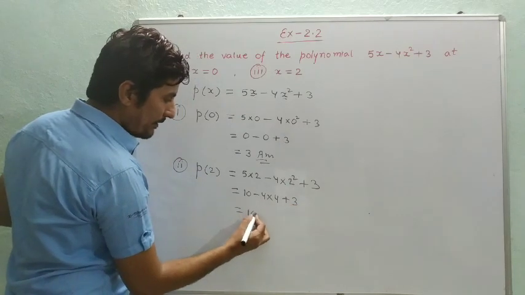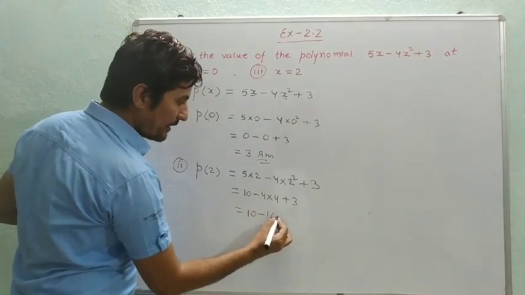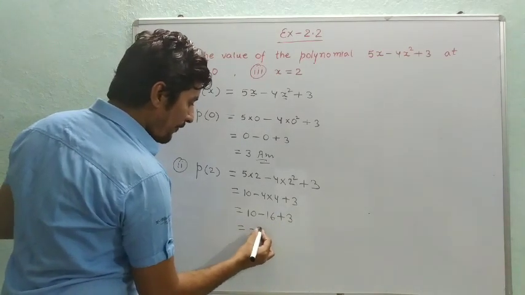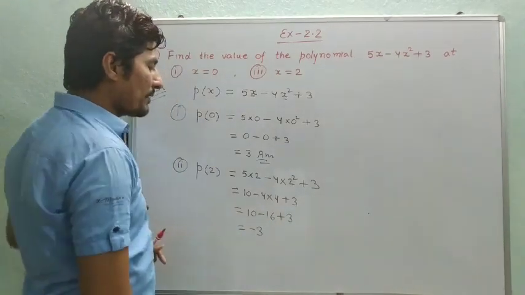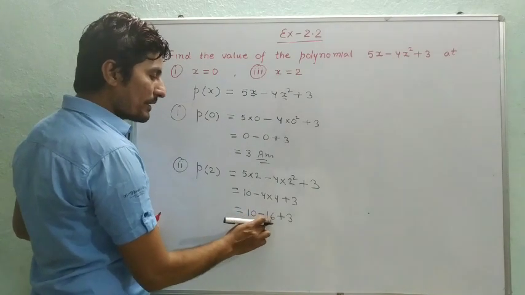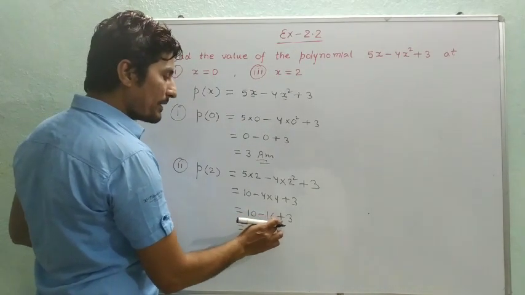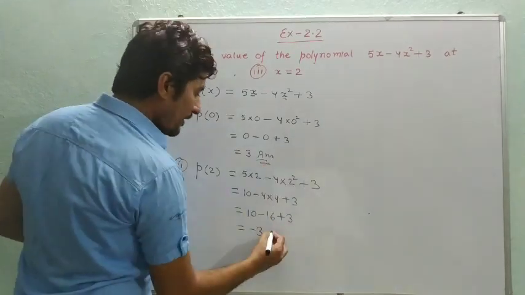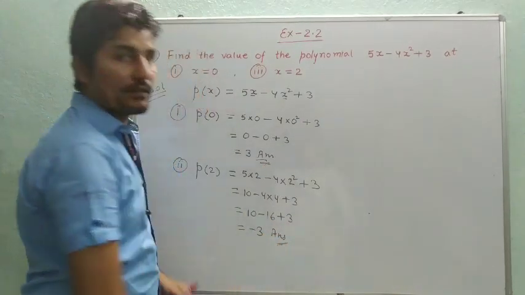Here we can write 10 minus 16 plus 3. 10 minus 16 equals minus 6. Minus 6 plus 3 equals minus 3. So this is the first answer and this is the second answer.